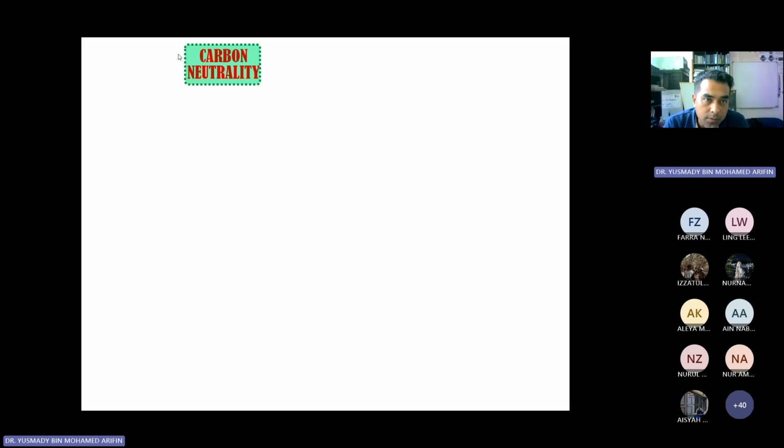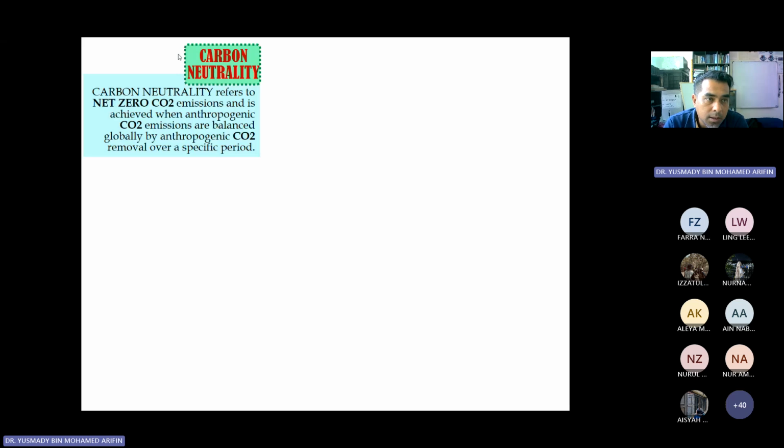For example, one of the terminology that normally used is the carbon neutrality. Carbon neutrality refers to net zero CO2 emission and is achieved when CO2 emission are balanced globally by CO2 removal over a specific period.